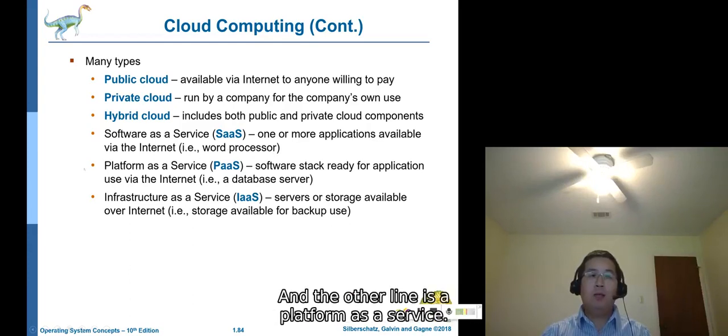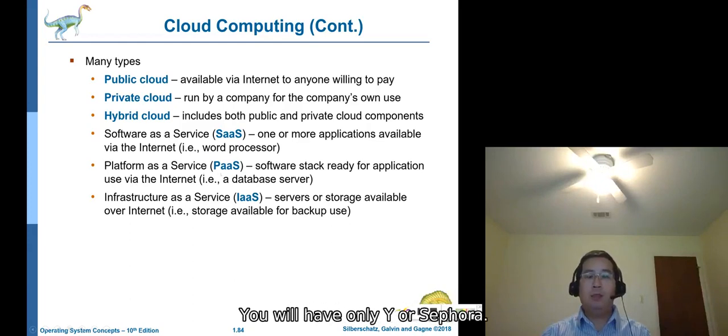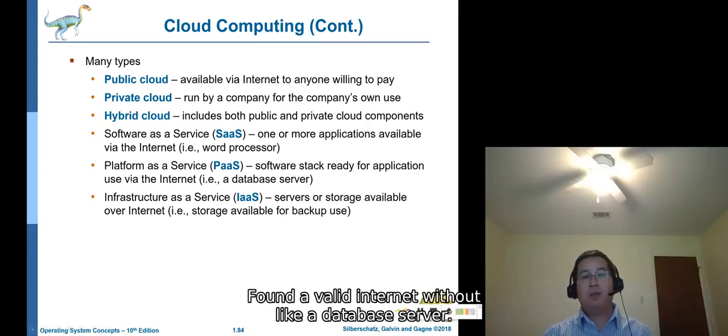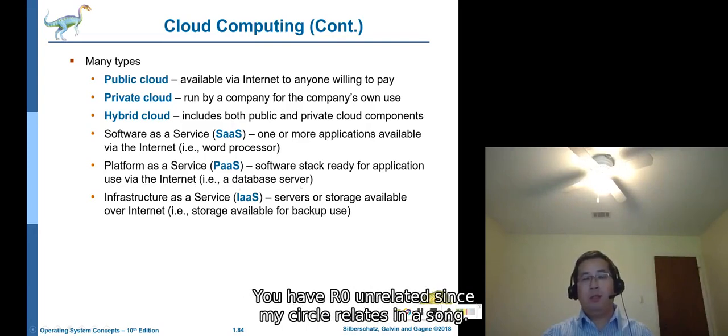And the other one is platform as a service. You don't have only one or several, you can have a lot of software as a whole. We call it a software stack, ready for application use via the internet. For example, like a database server, you have Oracle related things, you have MySQL related things, and so on.